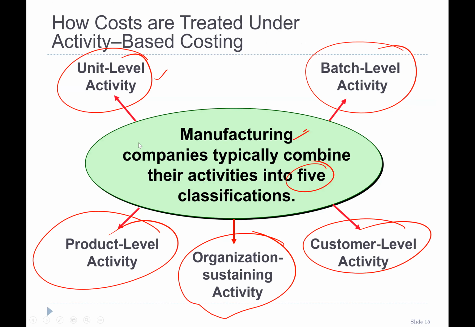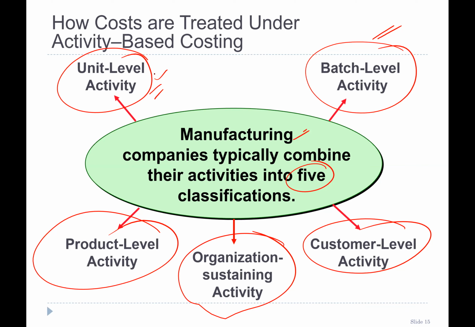When we classify these examples, every factory makes different products. Sometimes products are made in batches, and sometimes they are produced in individual units. If you are making batches, then your cost driver would be a batch level.